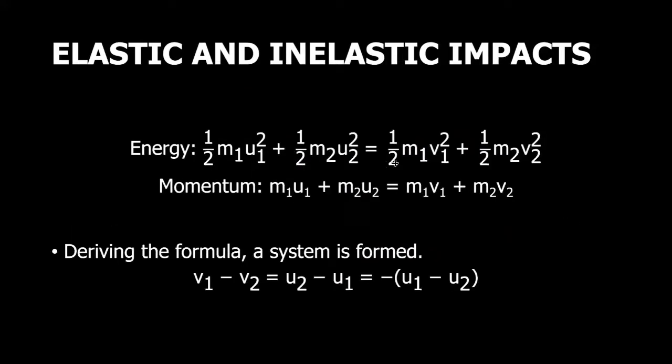In elastic collisions specifically, we will deal with two equations. The first is the conservation of energy. Recall that conservation of energy states that the kinetic energy of 1 and the kinetic energy of 2 before the collision is equal to the kinetic energy of 1 and the kinetic energy of 2 after.